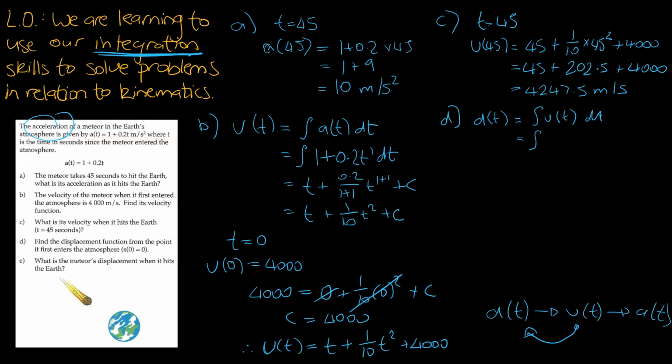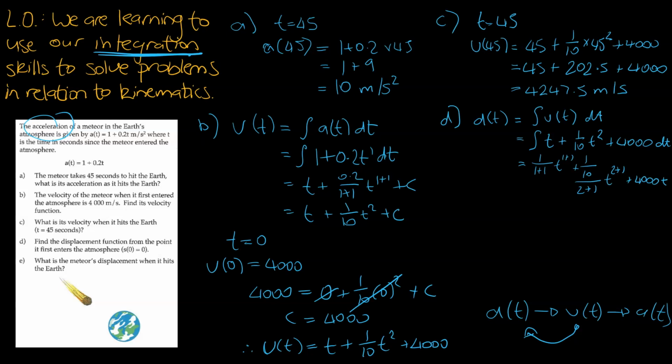and that's going to be equal to, we've calculated that down the bottom, the integral of t plus 1/10 of t squared plus 4,000 dt. We can then integrate that. So that's going to be 1 divided by 1 plus 1, t to the 1 plus 1, then plus 1/10 divided by the current power plus 1, plus 4,000 t.